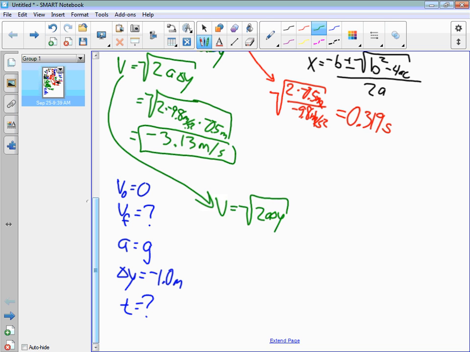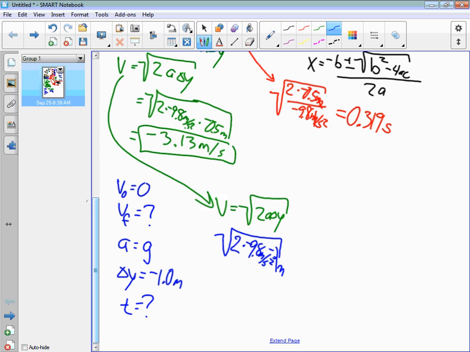And calculate, please. So are we saying that acceleration is negative 9.8? Yeah, acceleration is still negative 9.8. So using this new version, it's 2 times negative 9.8 meters per second squared times negative 1 meter.